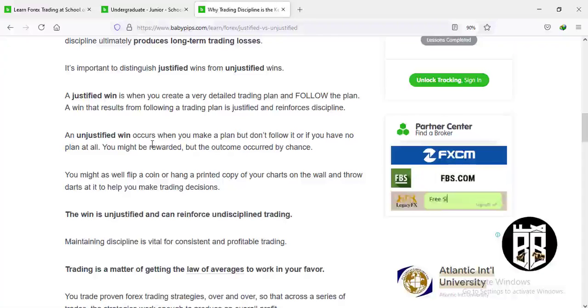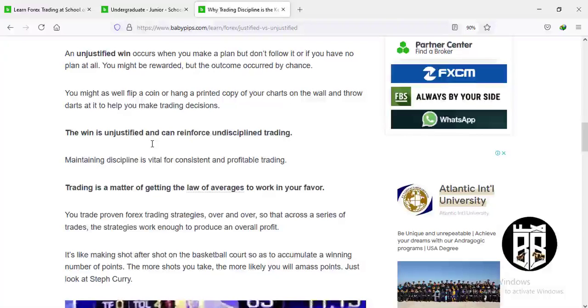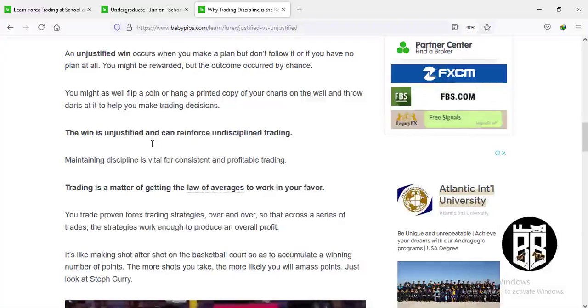You might be rewarded, but the outcome occurred by chance. So the win is unjustified and can reinforce undisciplined trading. And the key is to maintain discipline, okay, to become a consistent and profitable trader.